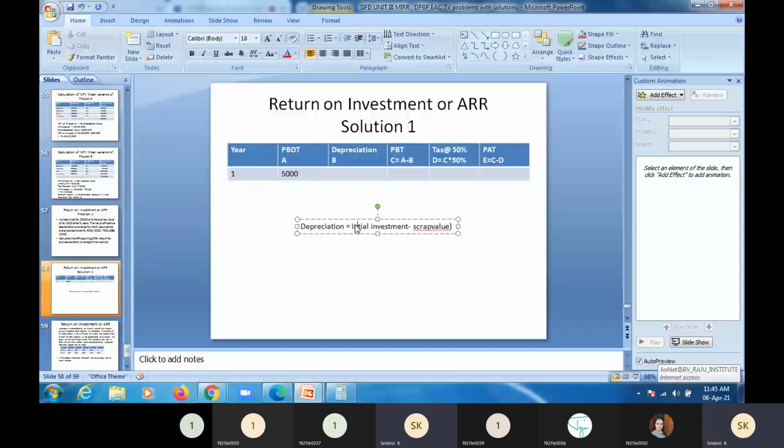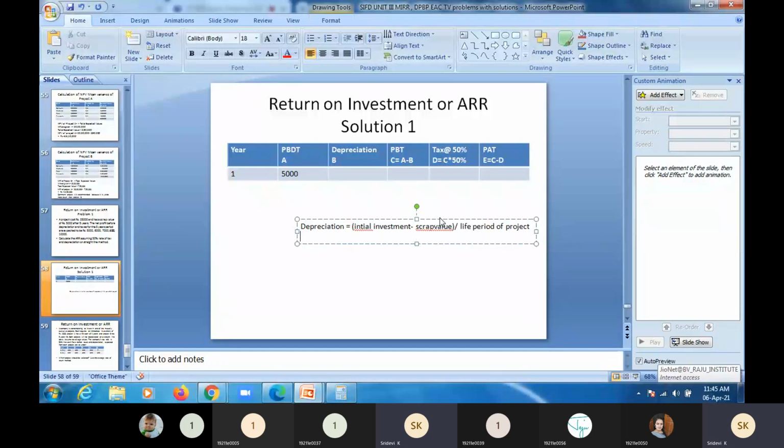There is a spelling mistake here. Initial investment or cost of project you can say. So divided by life period of project. So this is the formula.